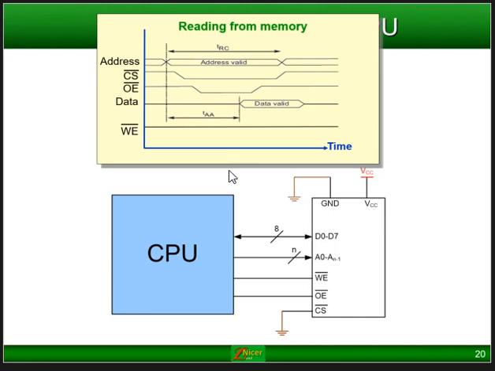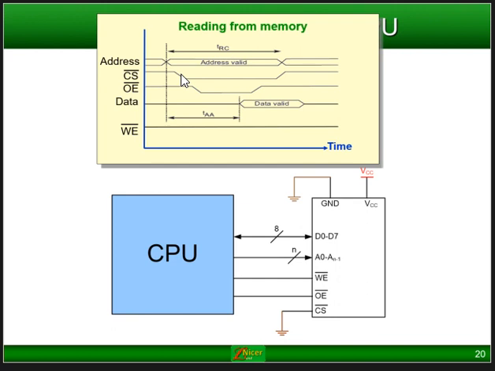If we look at reading from memory, same story. If you read from here, it will go into the CPU on the data bus also. Writing, the arrow is pointing into the device. If you want to read, the arrow will be pointing out of the device. So you can read and write on the data bus. If you want to read from it, get your address bus ready.